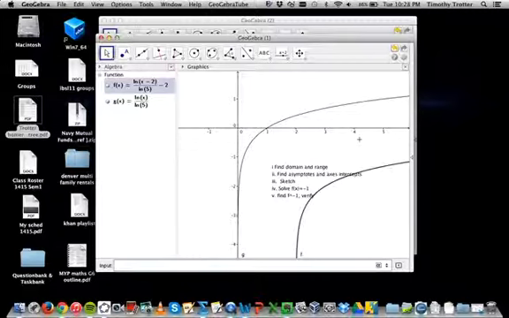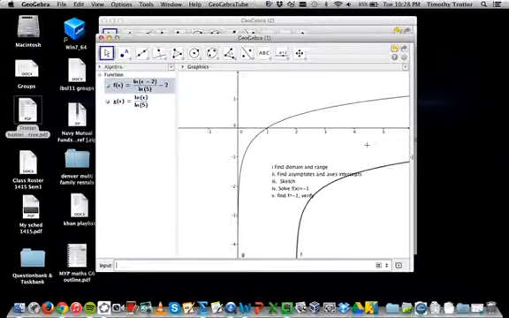Let's take a look at the domain and the range. Because it's the same shape, all the qualities of this graph just translate as well. The vertical asymptote just moves over 2, so now x equals 2 is the vertical asymptote that this graph gets close to.